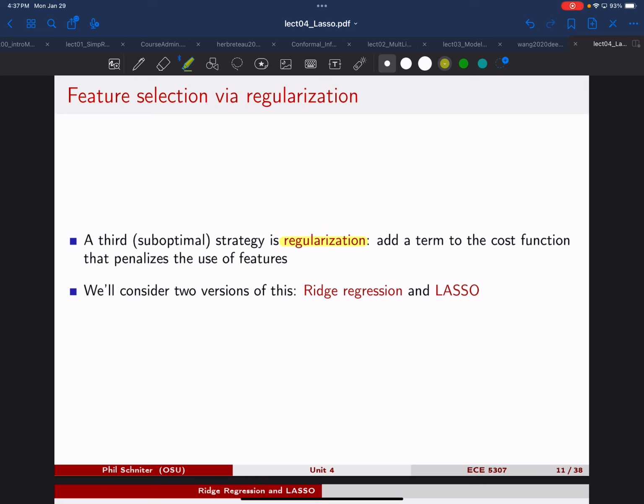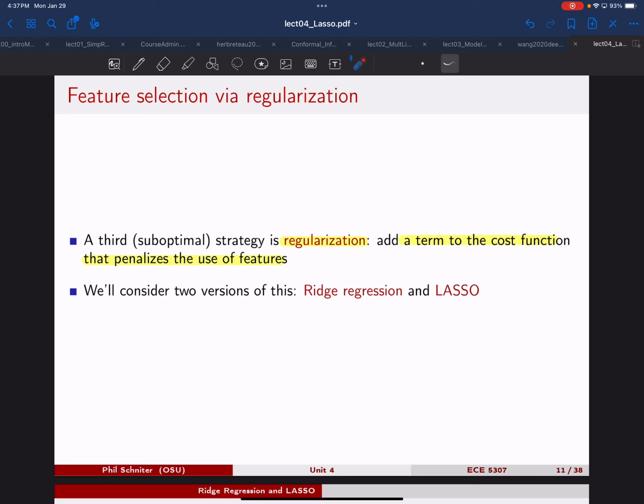And the intuition is that if a feature is not really that useful to prediction, you'll see the cost of that feature in the regularization term. The regularization will be like, you're using that, there's a cost to it. And then you won't see a reward from it because it's not really reducing your original RSS.